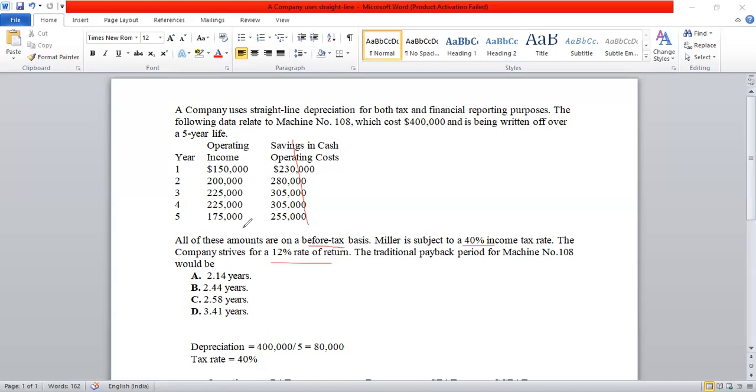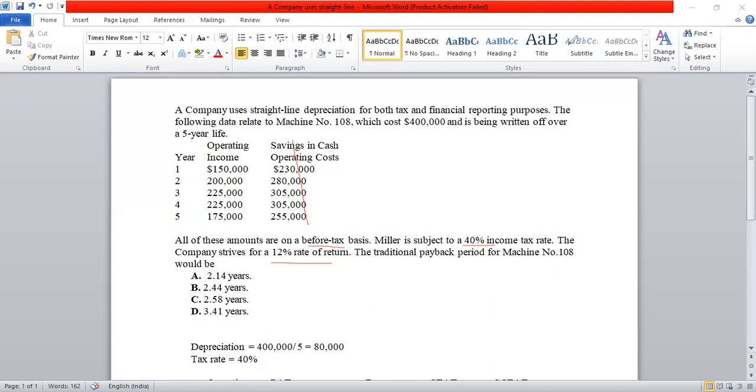to take up the calculations and infer whether the project should be accepted or rejected. So the base is cash flow after tax, not profit before tax or profit after tax. So we need to arrive at cash flow after tax. Cash flow after tax is profit after tax plus depreciation.